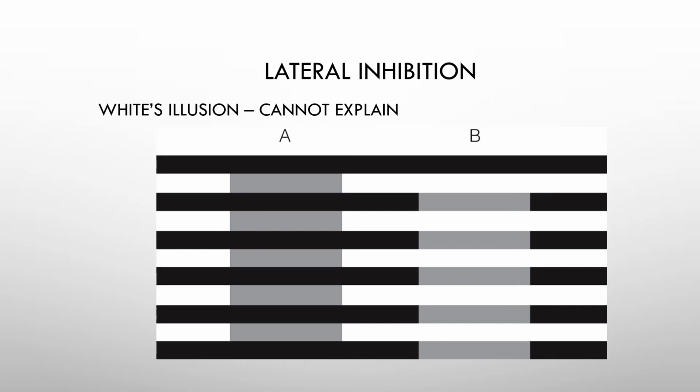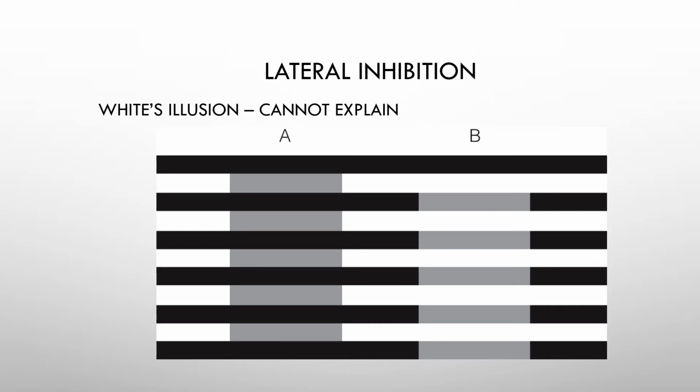And so if we look at White's illusion, most of us have this experience. If I asked you which gray rectangle appears darker, the one on the left, A, or the one on the right, B, most of us have this experience that A appears to be darker than B. And I'm again going to tell you they're the exact same shade of gray, same wavelength information being sent to the eyes.